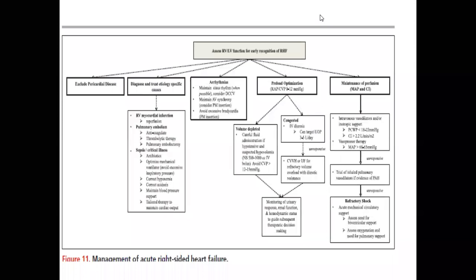The problem is that RV function assessment has received little attention because people thought that the RV is just a conduit for volume supply to the left ventricle. So we can do diastolic assessment using tissue Doppler and also 2D echo with pulsed Doppler like the LV function studies. And what we need to know is that most commonly we find mixed features of both systolic and diastolic dysfunction.